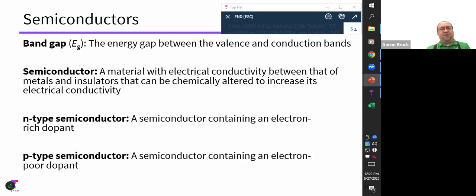So by definition, a semiconductor is a material that has an electrical conductivity between that of what we expect out of a metal, highly conductive, and what we expect out of a non-metal, not conductive. And further, we can increase its conductivity by introducing chemical factors that would help to do so. Those chemical factors come in two types: the N-type semiconductor and the P-type semiconductor.